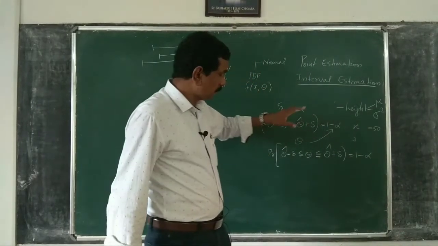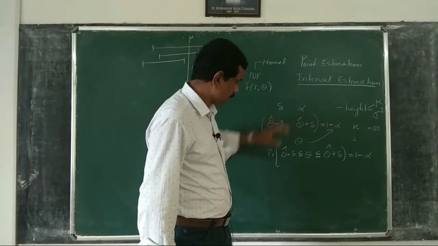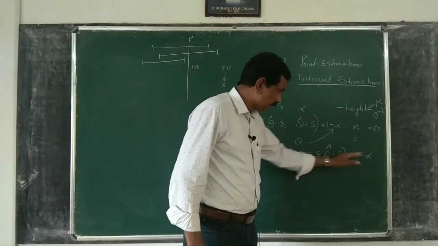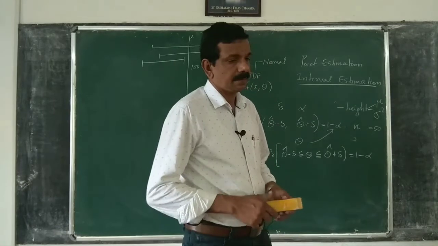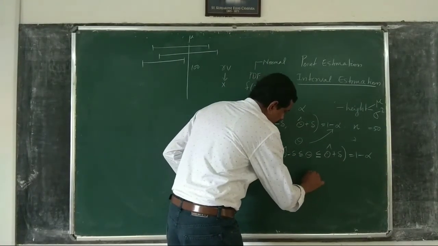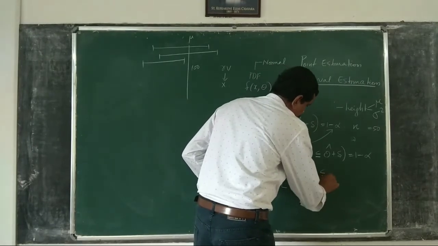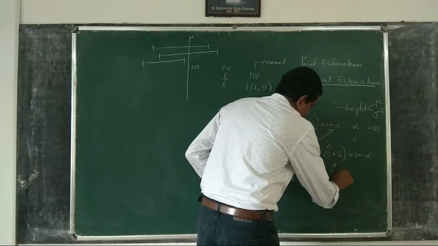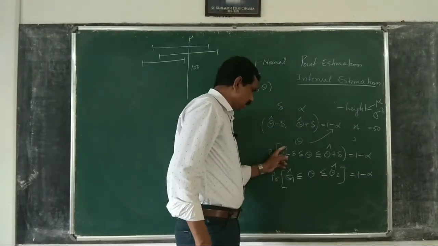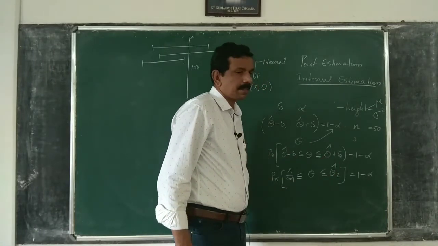So formally, we want to find two positive numbers delta and alpha such that the probability that theta lies in this interval is equal to 1 minus alpha. It can also be written as the probability that theta hat 1 is less than or equal to theta, which is less than or equal to theta hat 2, is equal to 1 minus alpha, where theta hat 1 is theta hat minus delta and theta hat 2 is theta hat plus delta.